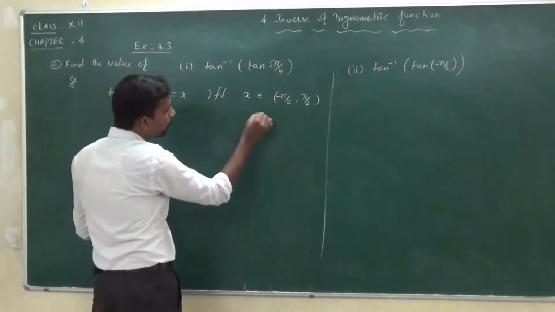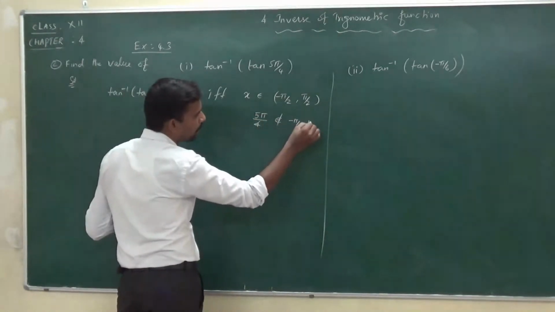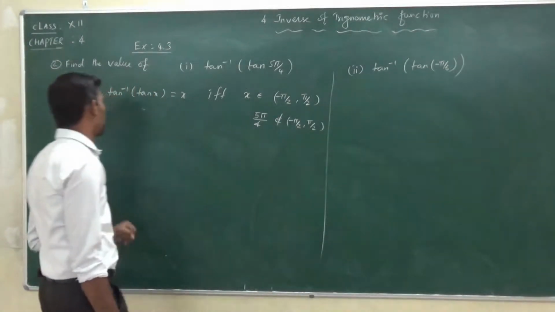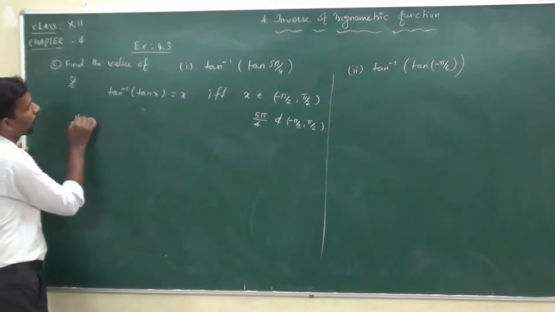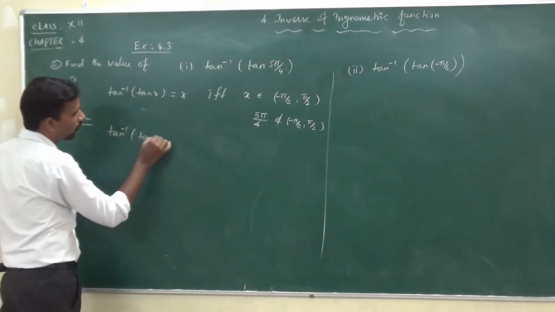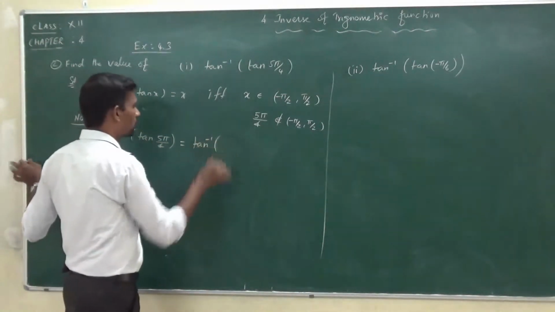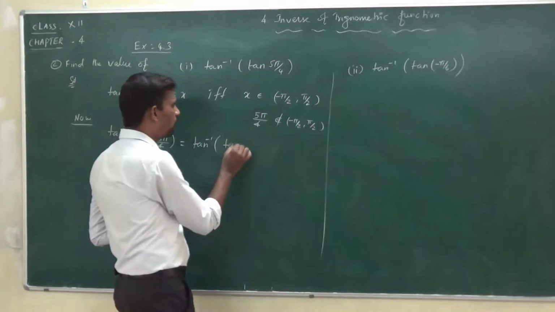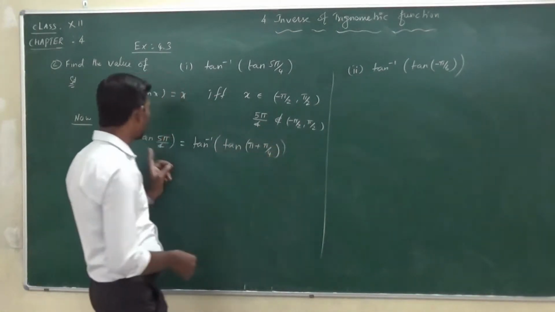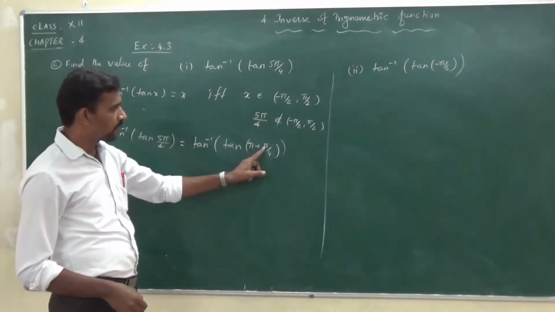Here 5 pi by 4 does not belong to the interval of minus pi by 2 to plus pi by 2, so we need some calculation here. Now what is the question? Tan inverse of tan of 5 pi by 4. We can write it as tan inverse of tan of pi plus pi by 4.